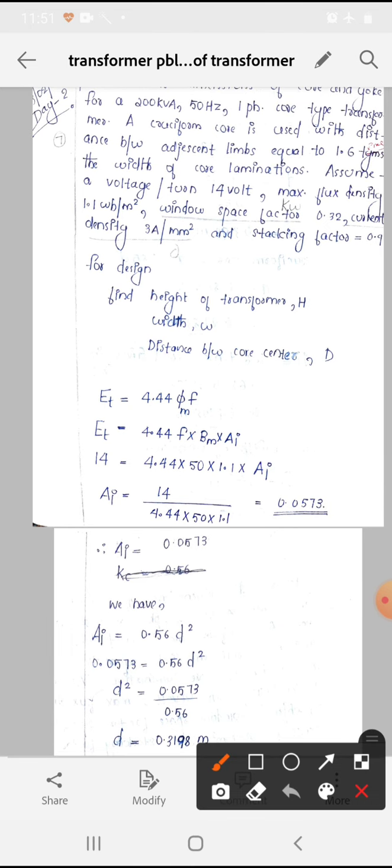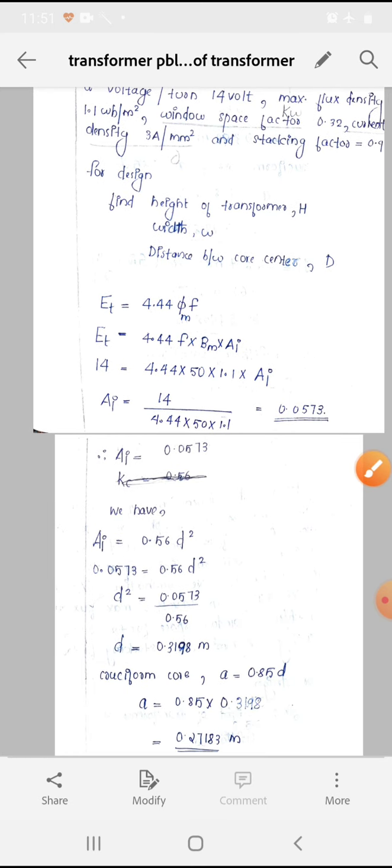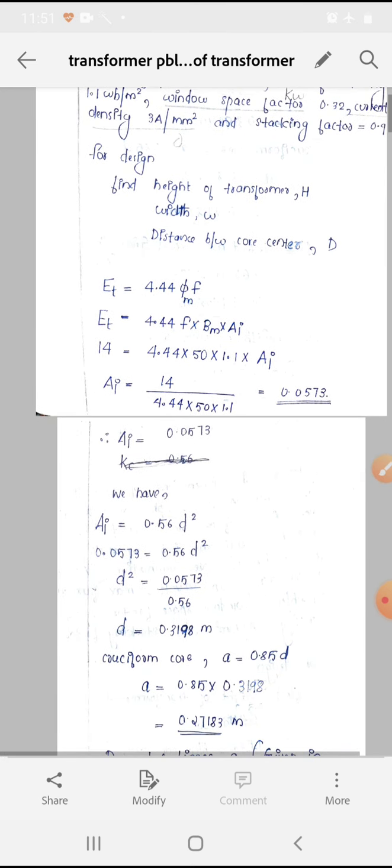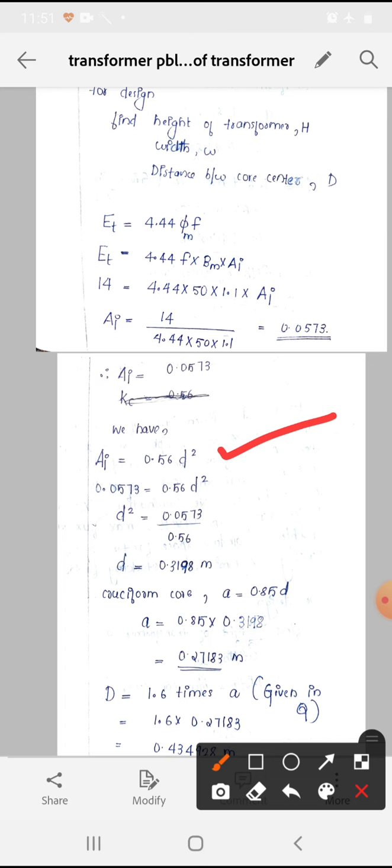From this equation it is easy for us to find the value of Ai. So Ai is obtained. Since the question given is cruciform, Ai is equal to 0.56 d square. From this equation we can find the value of small d.